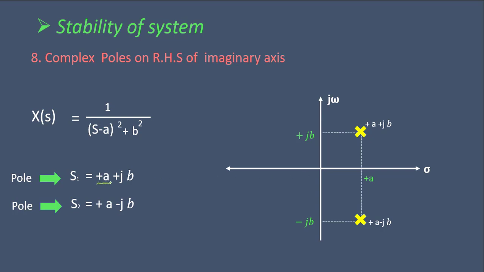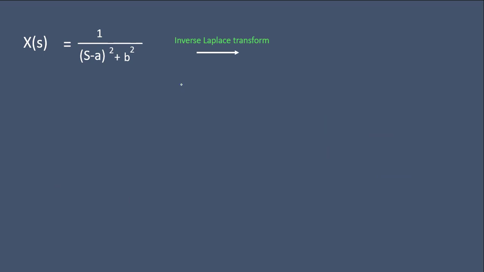We have the real part plus a in both the poles. So plus a, and one pole will be plus a plus jb, and one pole will be plus a minus jb. Now again, to comment about stability, we have to find the inverse Laplace transform, and the inverse Laplace transform will be e raised to plus at. In the earlier example it was minus at, now it is plus at, sine bt into u of t.